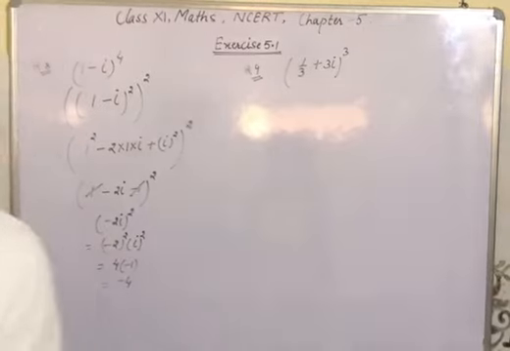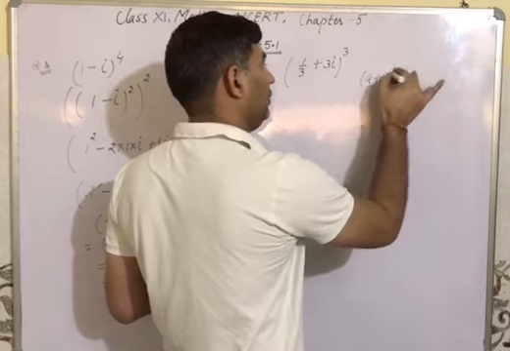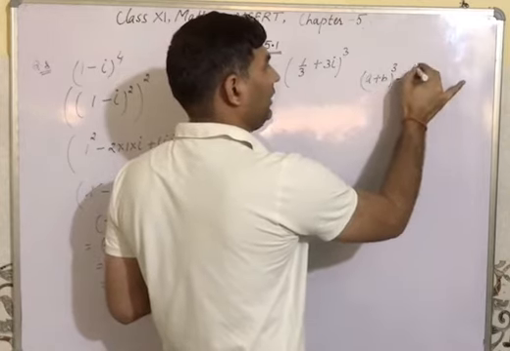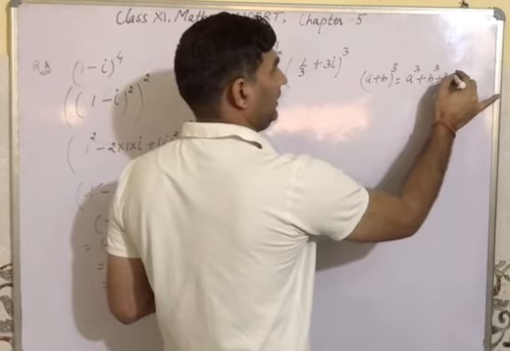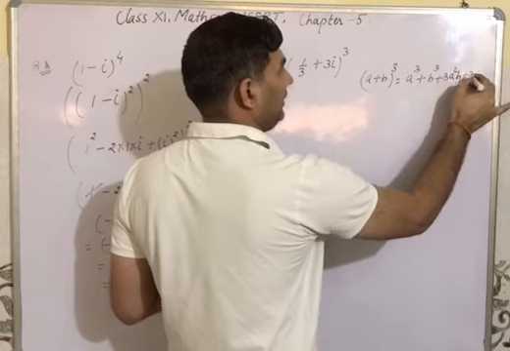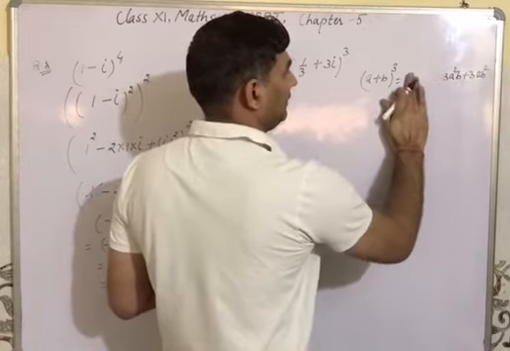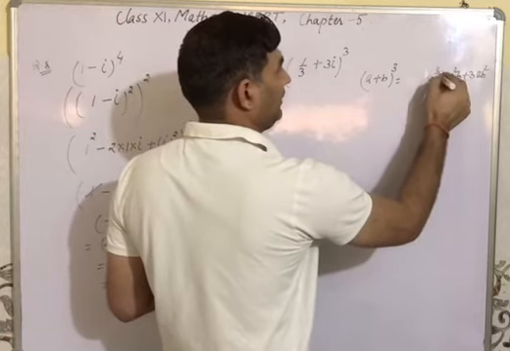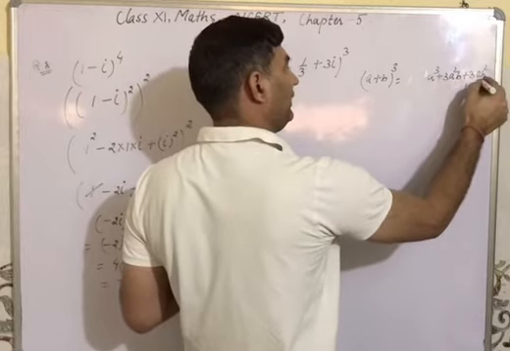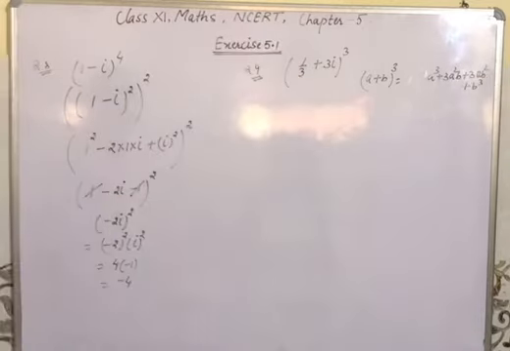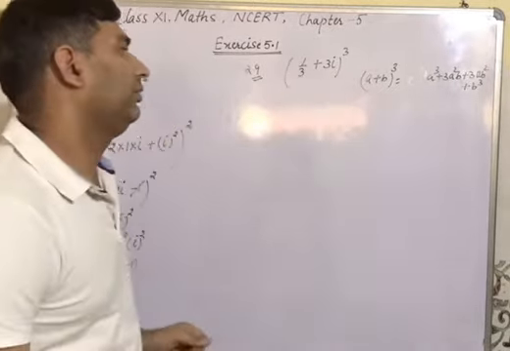And we know that (a + b)³ is equal to a³ + b³ + 3a²b + 3ab². We can write this as a³ + 3a²b + 3ab² + b³. And then use this formula in the term (1/3 + 3i) cube.